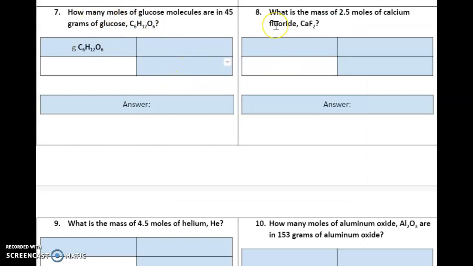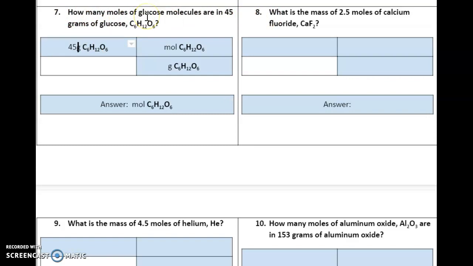You go grams to grams, and you're going to end with moles of glucose. Those grams will cancel, and you'll be left with moles as your answer.